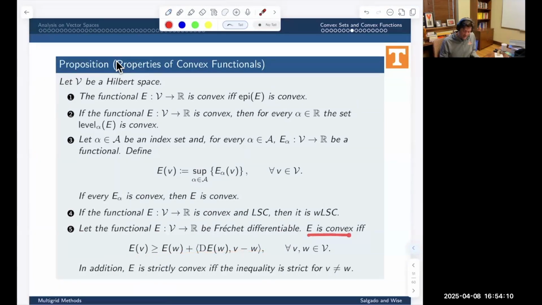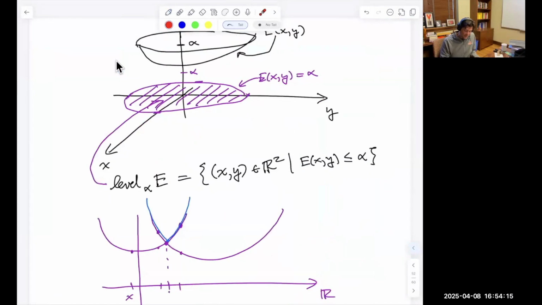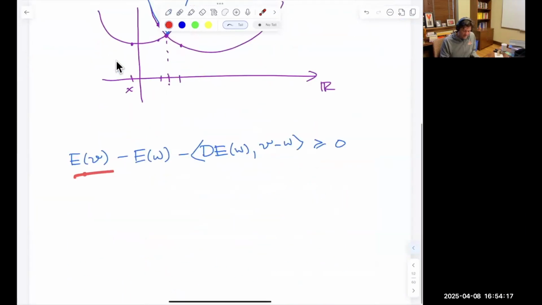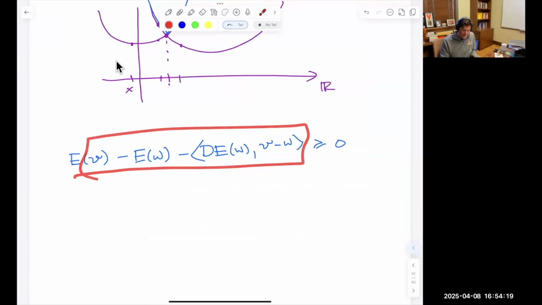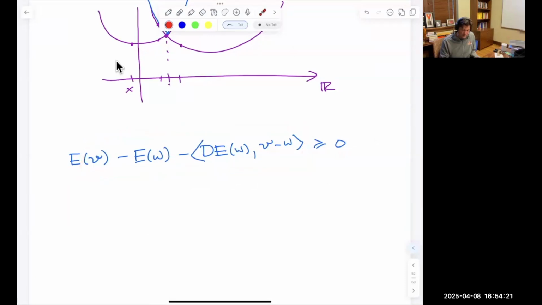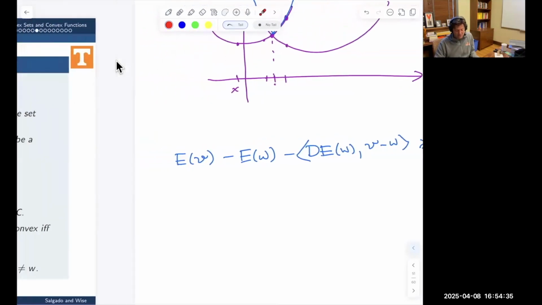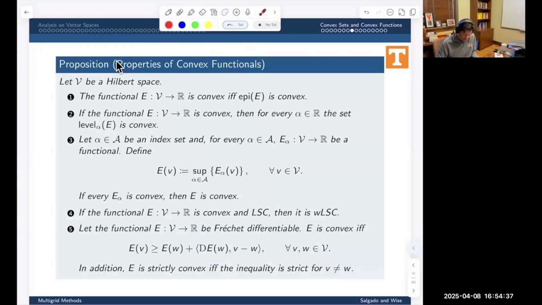So E is convex if and only if this inequality holds. And that's true if and only if this piece here is greater than or equal to 0. And that piece is the piece that we can isolate in the Taylor theorem with integral remainder of second order. So I can use something about that integral remainder to show that it is greater than or equal to 0, quite possibly.